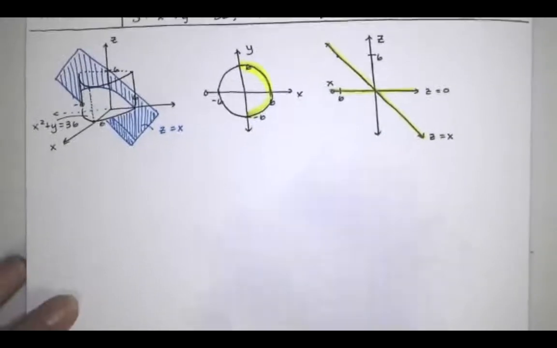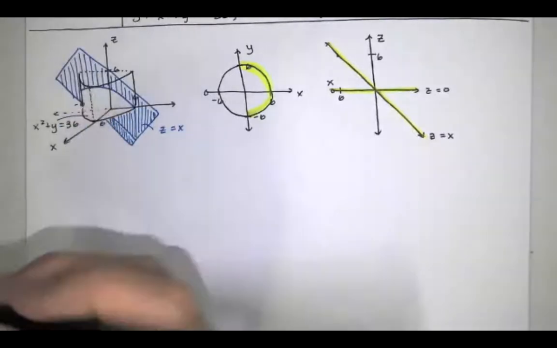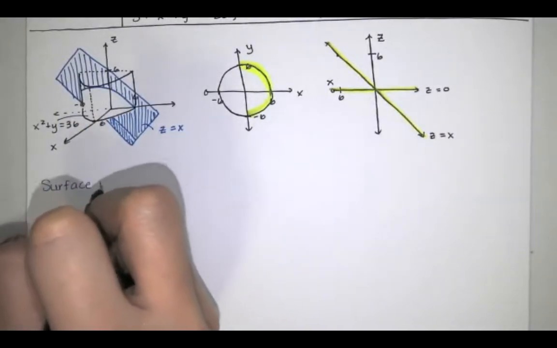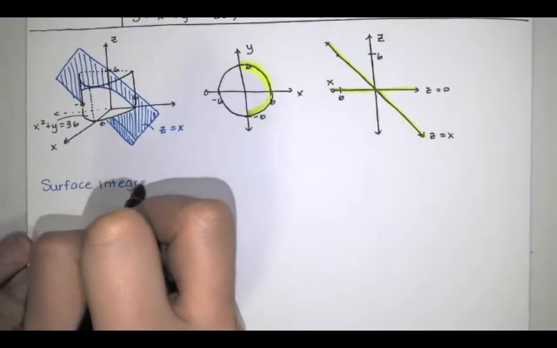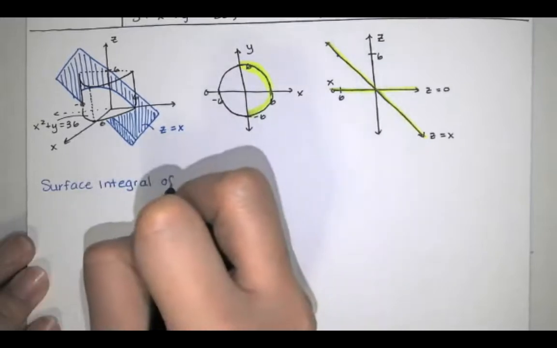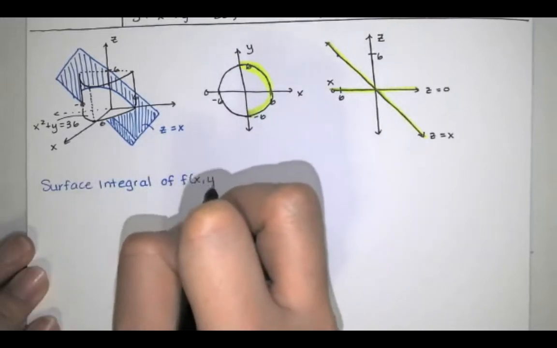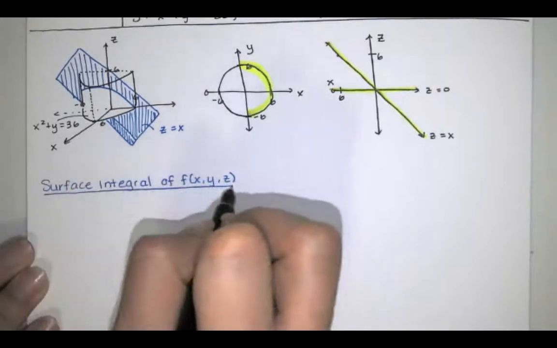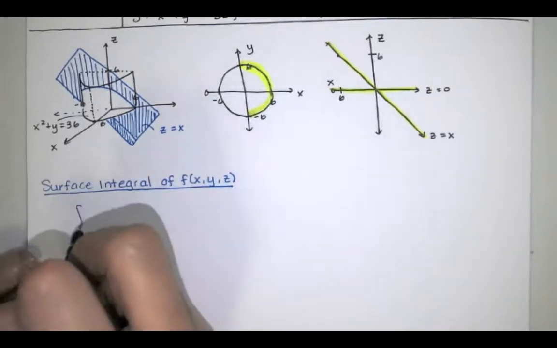Now, whenever you're evaluating a surface integral, you have options. You have the surface integral of a function of 3 variables. That's a scalar function. There are actually 3 ways that you can do this.